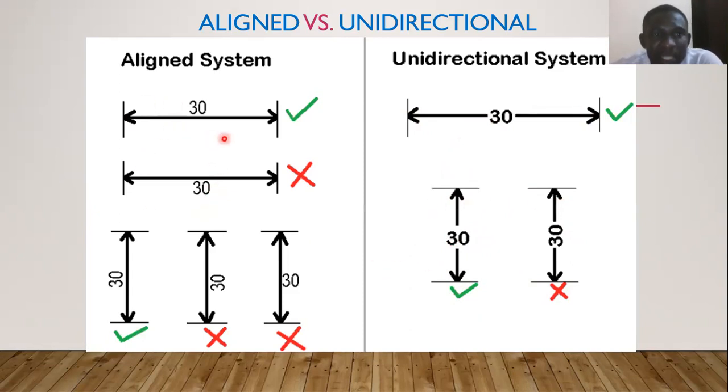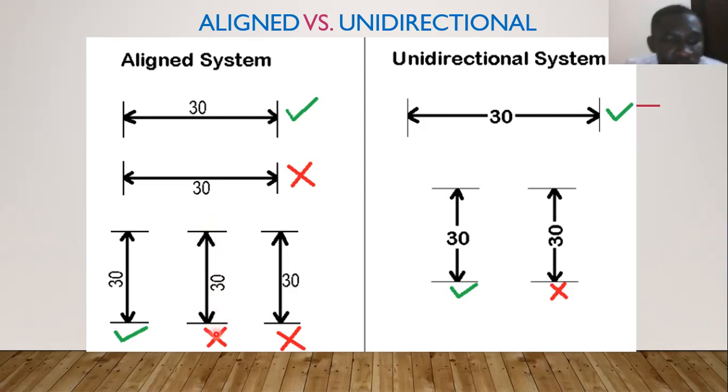Now, in the aligned system, remember, the lettering always aligns itself with the direction of the dimension. I'll say that again. The lettering always flows along the line of the dimension, or it is always aligned to whatever direction the dimension line is moving in. So in the aligned system, we should have our 30 aligning itself with our directional line.